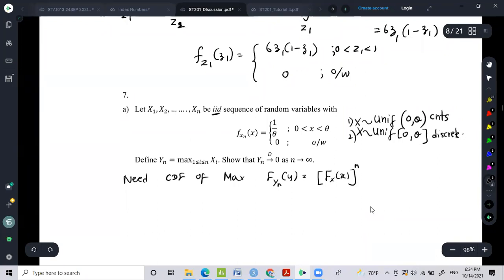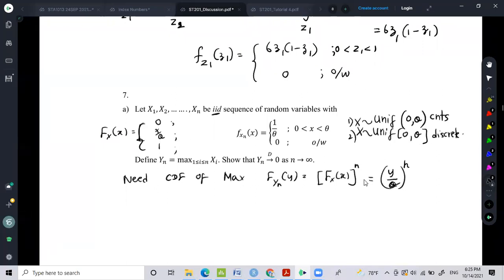And the CDF of the max is FX to the power n, am I correct? Yes. Since this is the uniform density, FX will be 0, x over theta, 1, and you know the supports. So with y, it is y over theta to the power n. This is the CDF of the max.